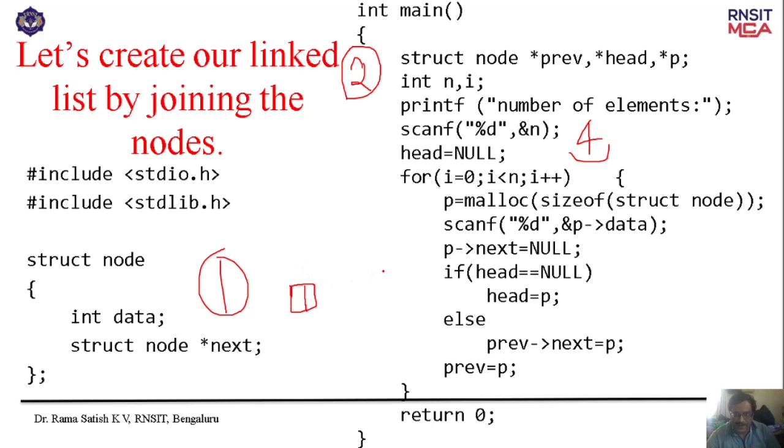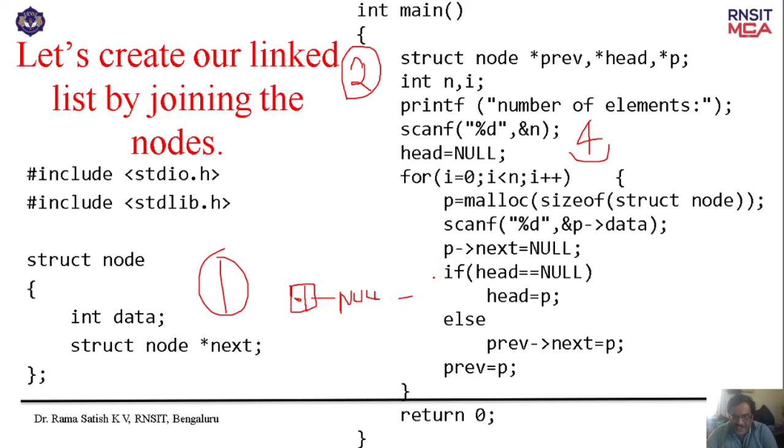You read the data value, and you make next as null.